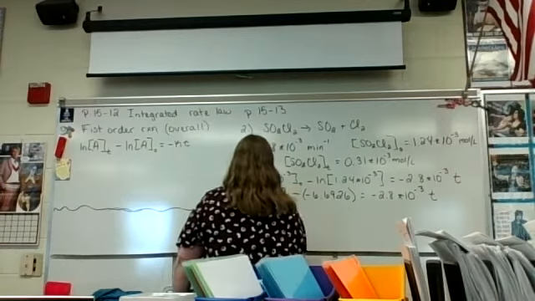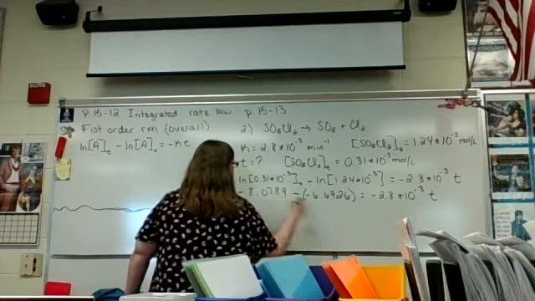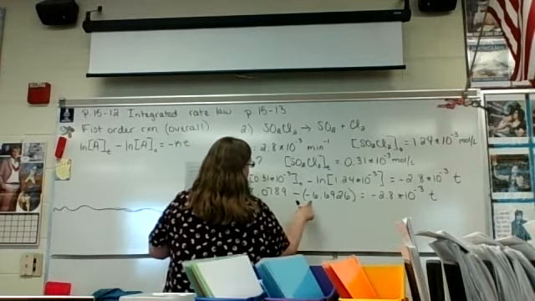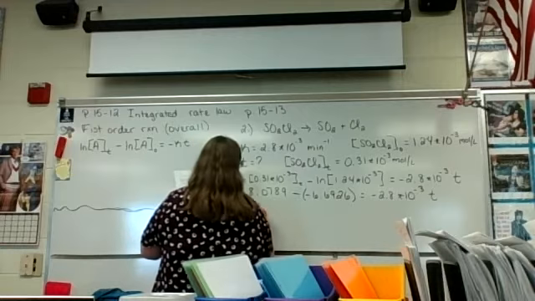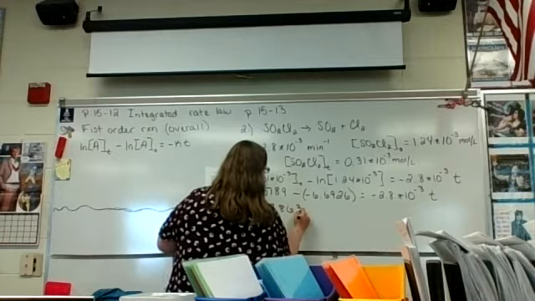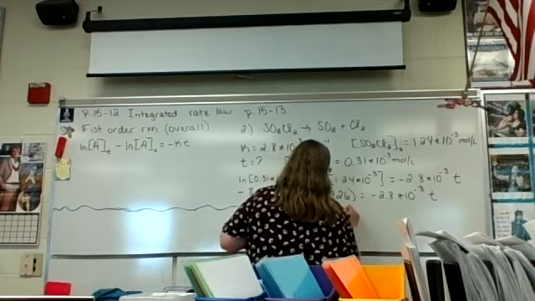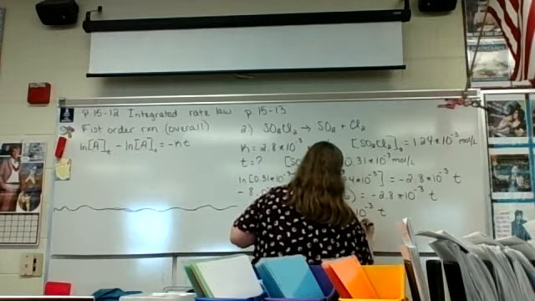And you can combine like terms because these are both numbers. So negative 8.0789 minus a negative 6.6926 is going to be negative 1.3863. And that's going to equal the negative 2.8 times 10 to the negative third times the time.